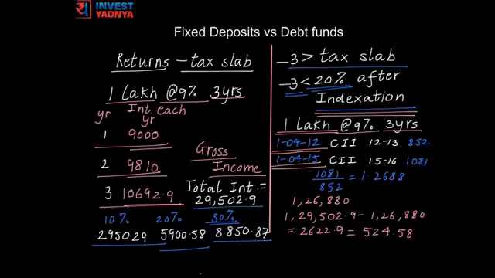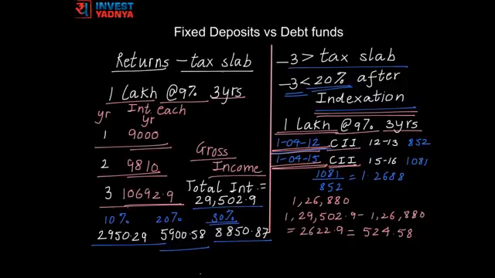Based on our date of investment and redemption, we can get the values of Cost Inflation Index. Cost Inflation Index or CII is an inflation index tool used to measure the rate of inflation in an economy. This index is a government index and is available on the income tax site. Our investment was done on 1st of April 2012.